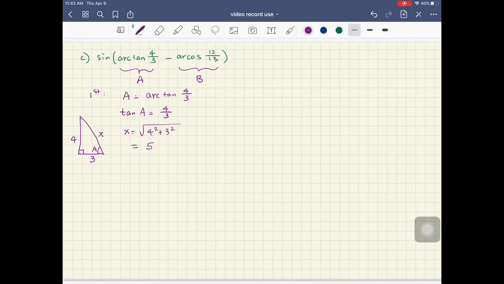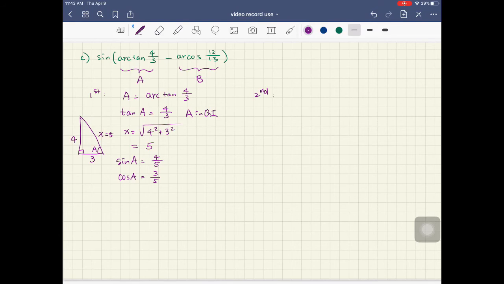So from here, I can have the following information. Sine of A equals 4 over 5. Cosine of A equals 3 over 5. Arc tangent of 4 over 3 tells me A is in quadrant 1, so both are positive.